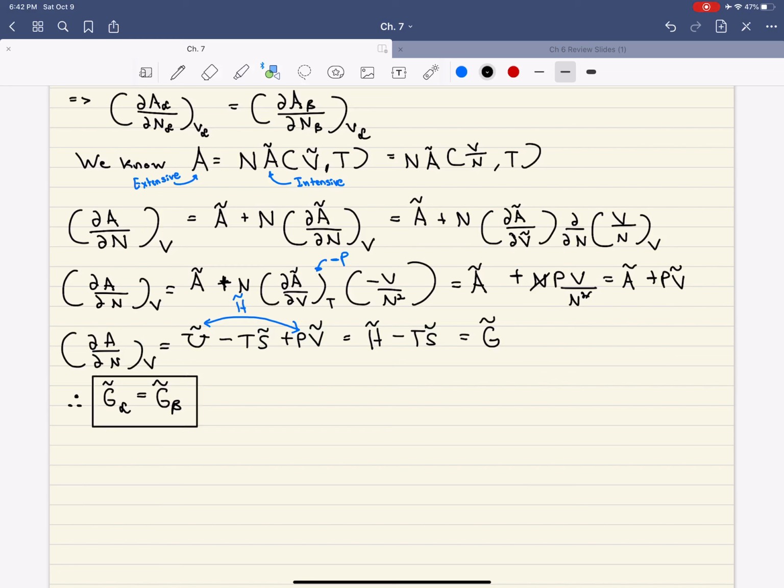So, based on this little proof, what we see is that at equilibrium, when we're minimizing the Helmholtz energy with respect to N alpha, we find that for the two phases, the molar Gibbs energy of the two phases are going to be equal.